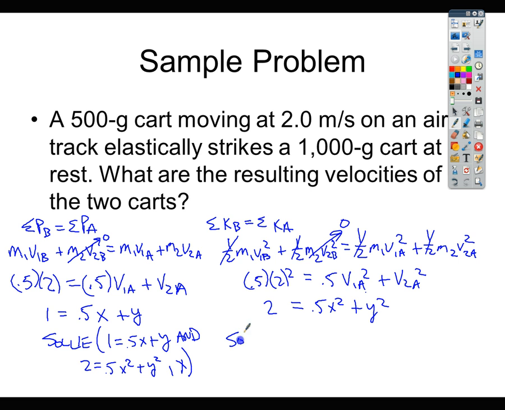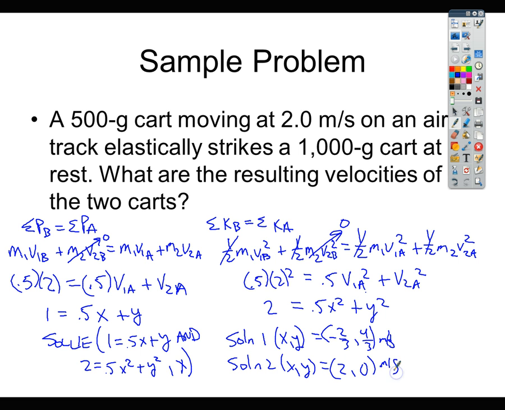If you do that, solution number 1 for the first object in the x and the y direction gives negative 2/3 and 4/3 meters per second. And for solution number 2, for x and y, you'll get 2, 0 meters per second. I know that's a little bit confusing, but those would be the resulting velocities in the x and the y direction for each one of the objects.